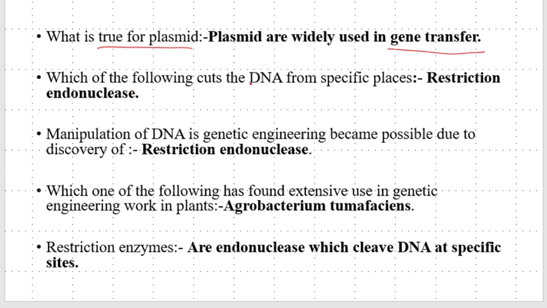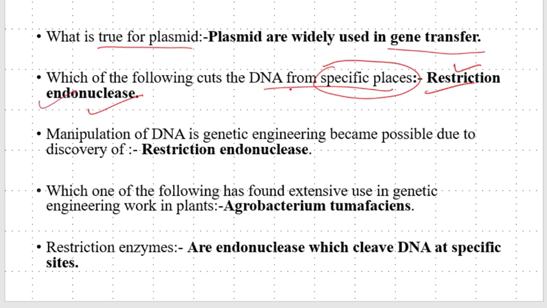Now, which of the following cuts the DNA from a specific place? That is again restriction endonuclease. Restriction endonuclease cuts the DNA from a specific place. Remember this when we study restriction endonuclease.